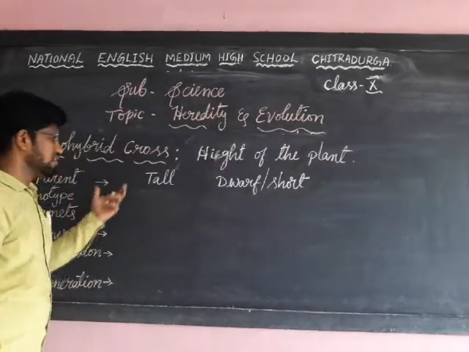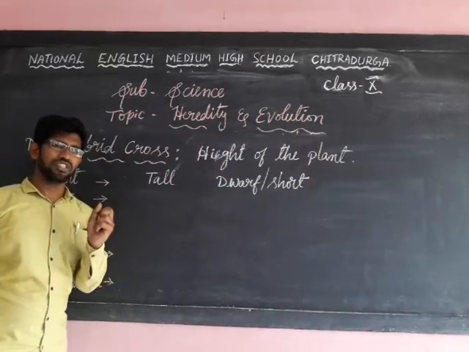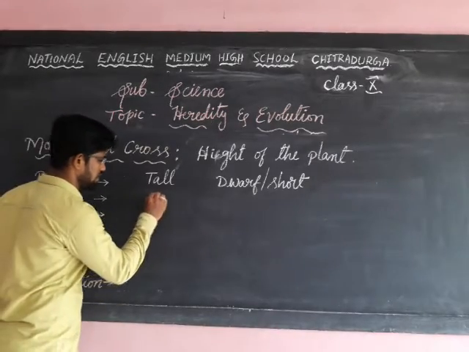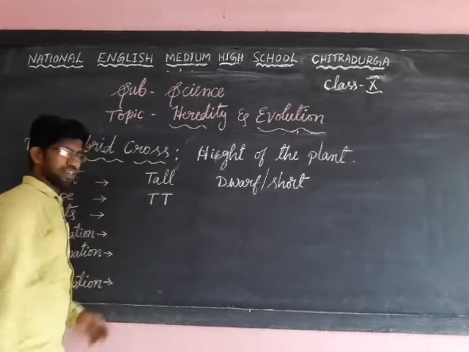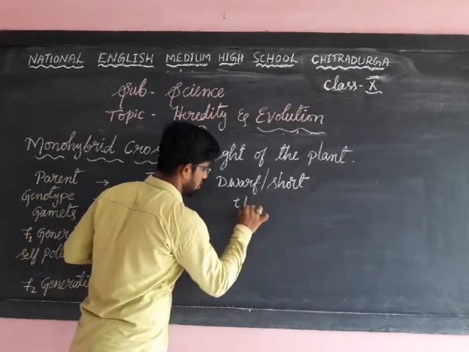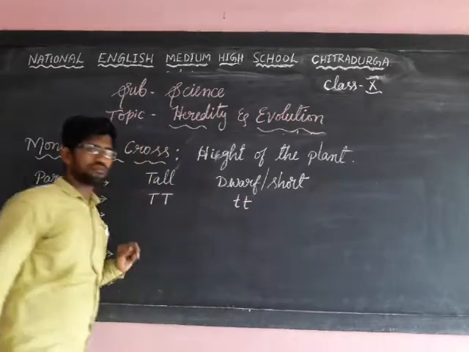Then next, in these parents, we have to take the genotypes. How are they represented? The tallness is represented by capital T, and the dwarfness or shortness is represented by small t. Understood?